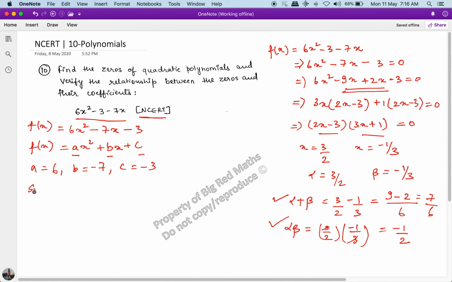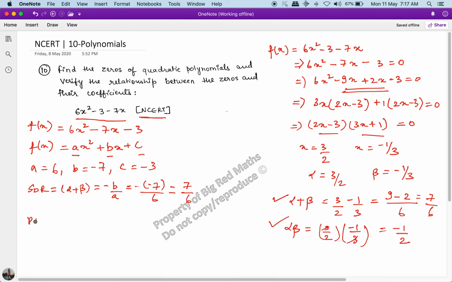Now the sum of the roots, alpha plus beta, should ideally be equal to minus b by a, which is minus of minus 7 by 6. I'm sorry, my equal to looks more like not equal to, so this will be equal to 7 upon 6.